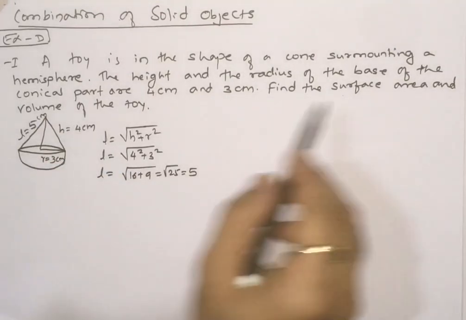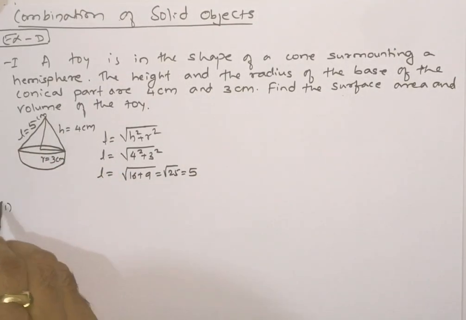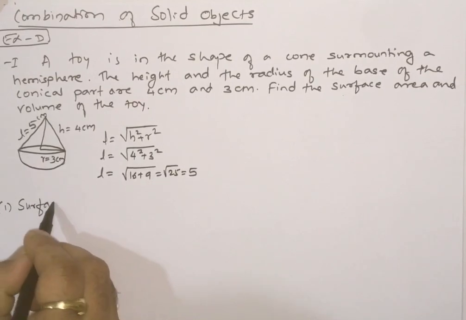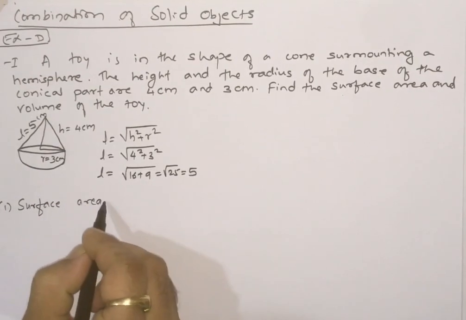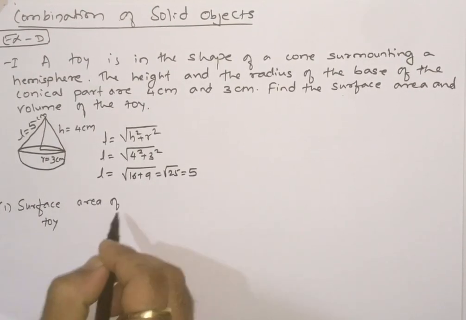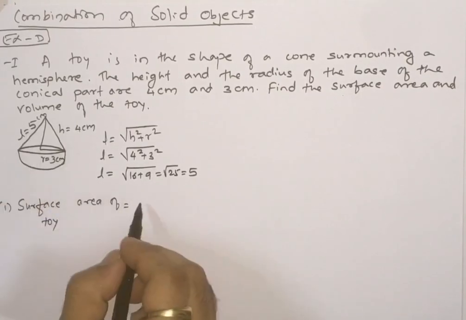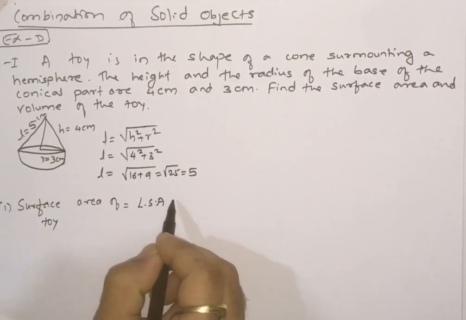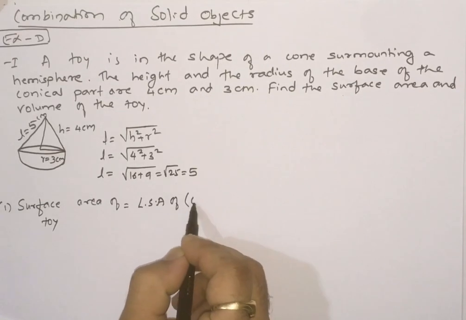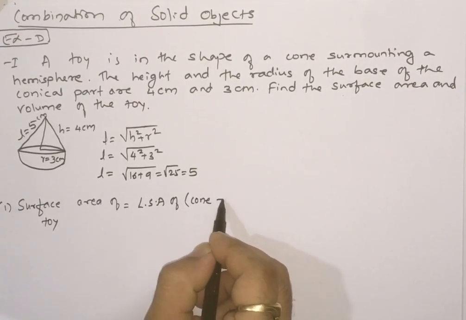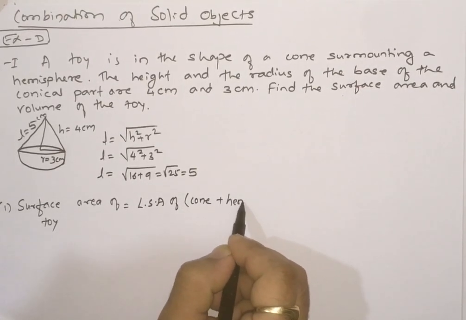Now we'll find out the surface area of the toy first. Surface area of toy is equal to lateral surface area of cone plus hemisphere.